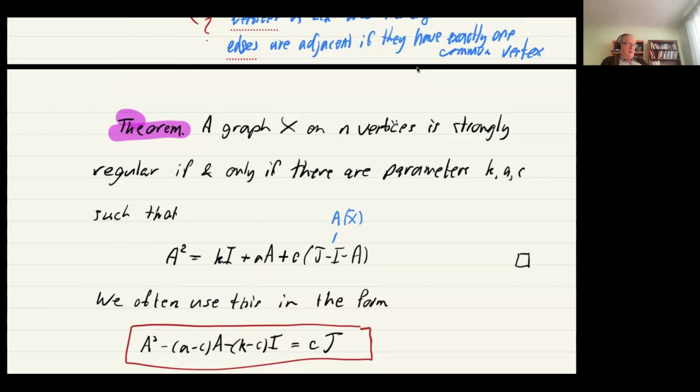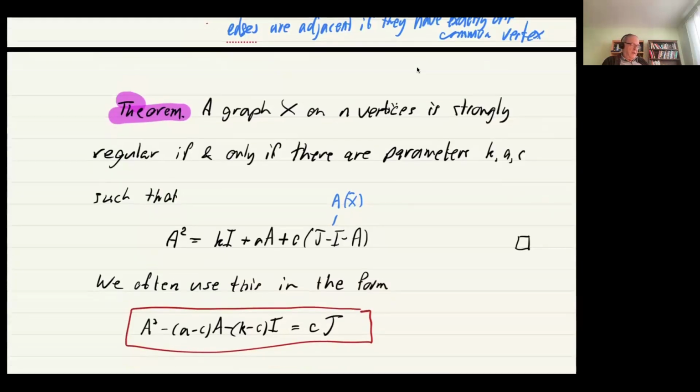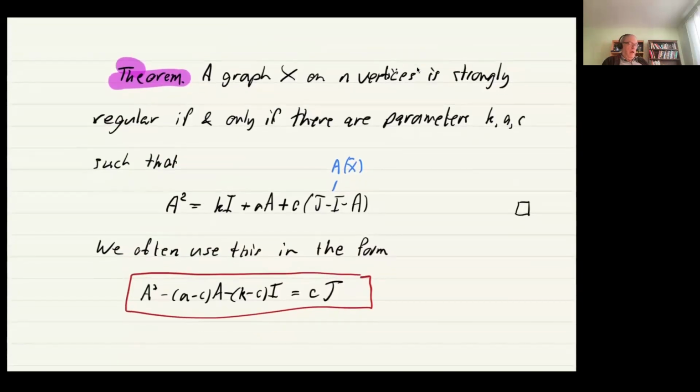And if they're not adjacent and not equal, then they have exactly c common neighbors, and that's where the c comes from. So this is equivalent to the definition, and which you use is your choice. You probably end up using this a little bit more.